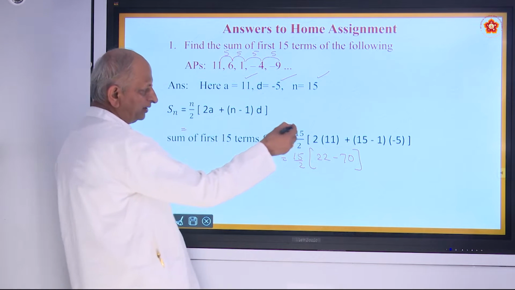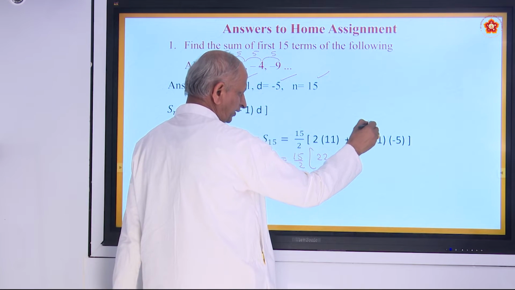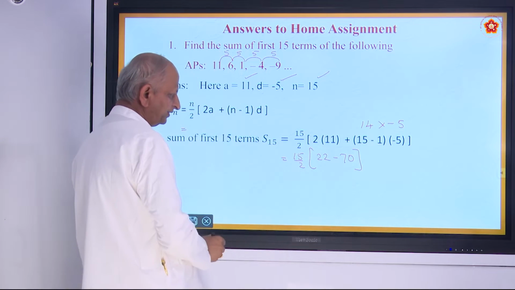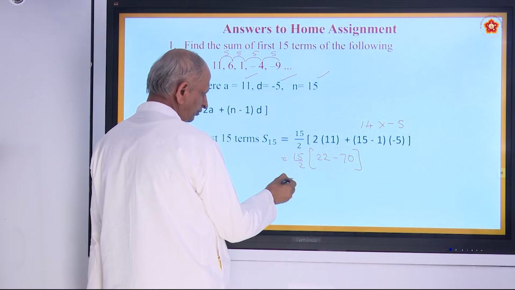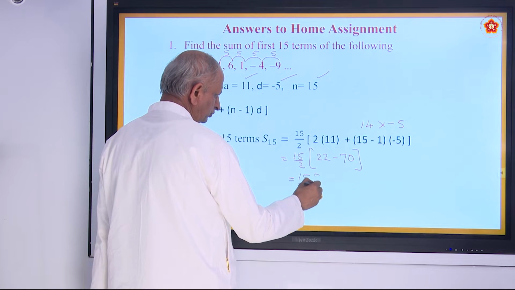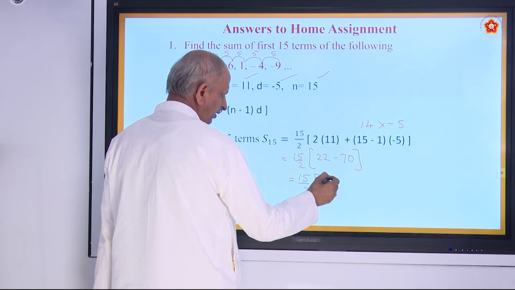Are you following it or not? This is 14 into minus 5, that is minus 70, that is equal to 15 by 2 into, 22 minus 70 is minus 48.